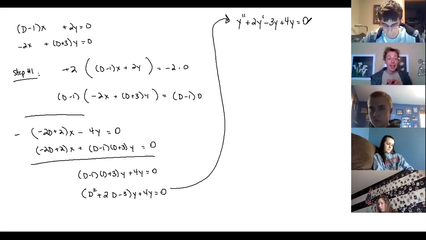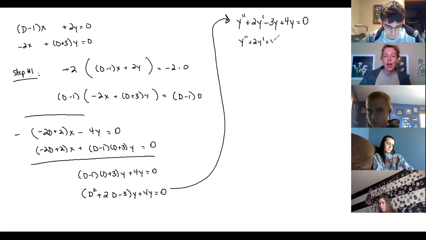D squared is a second derivative, D is a first derivative, and a constant is just a constant, that's it. y double prime plus 2y prime minus 3y plus 4y equals 0. This we know how to solve. y double prime plus 2y prime plus y equals 0.